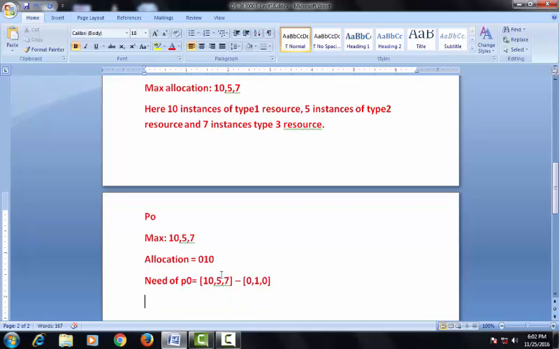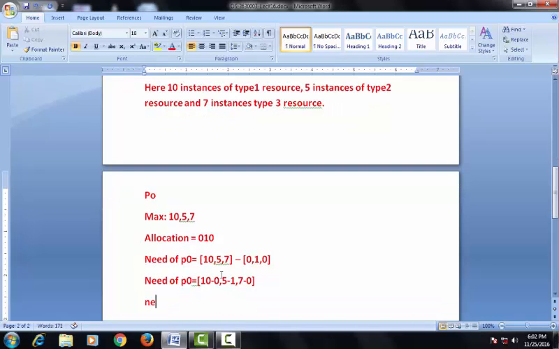Maybe previously the resource was allocated to process P0, but it has not completed its execution, it still requires some resources. Right, that is the basic concept of need of resources. So the process still has a need for complete execution, so the need of process P0 is 10 minus 0, 5 minus 1, 7 minus 0.